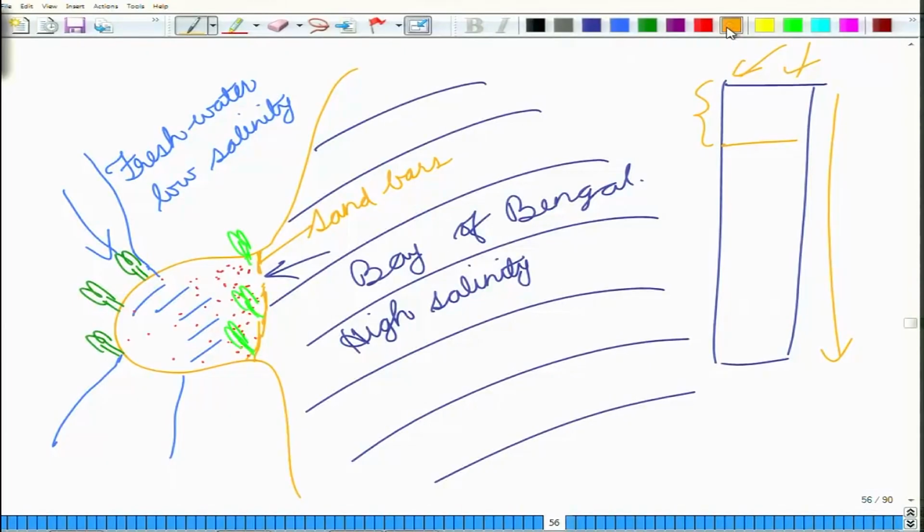Plus, at the same time, because you have these freshwater rivers and agricultural fields in this area, these rivers are also bringing in a number of nutrients. So, typically the amount of nutrients is very high, and the amount of food production by the photoautotrophs found in this area is very high.